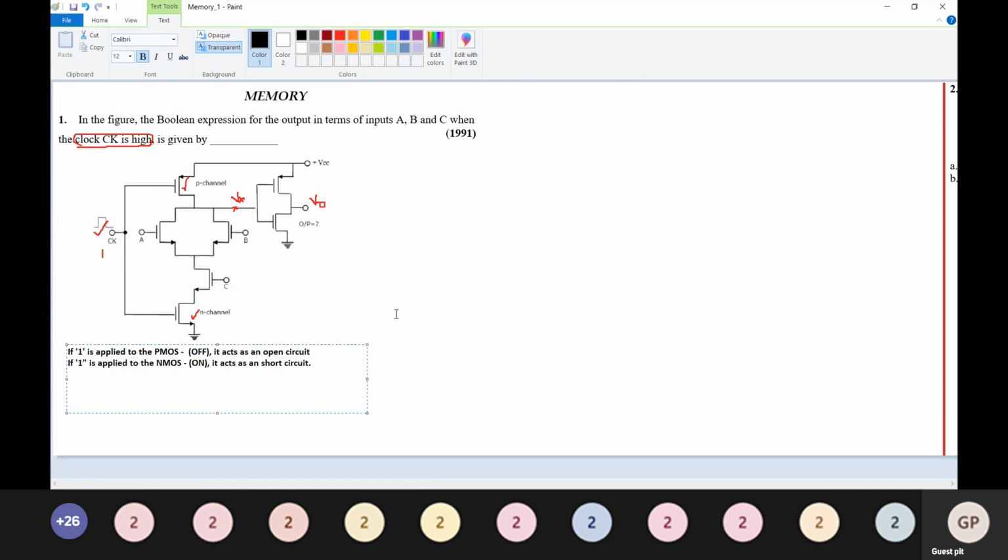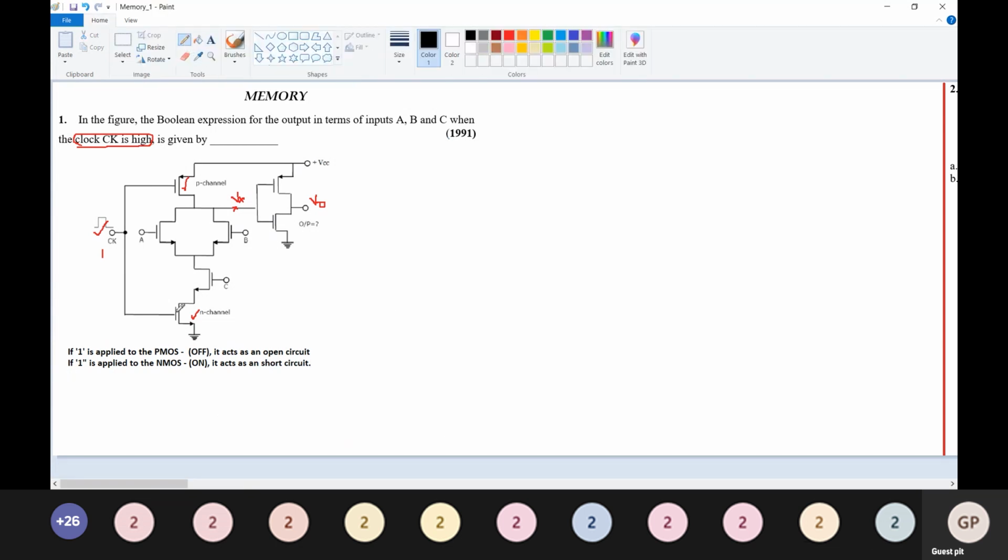So now, based on this concept, if you apply one here, what happens is the one is applied to this NMOS. Okay, it becomes on, so it acts as a short circuit. Similarly, the same one is applied to the P channel.